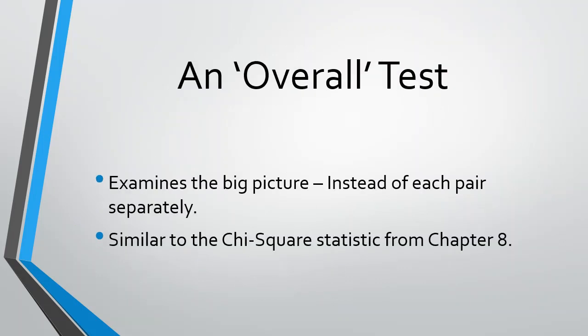So what we really need is an overall test that examines the big picture instead of just each pairwise comparison until we find two that are different. This is similar to what we did in Chapter 8 with the chi-squared statistic that put all the proportions into one test. Well, now we have to put all the means into one test.